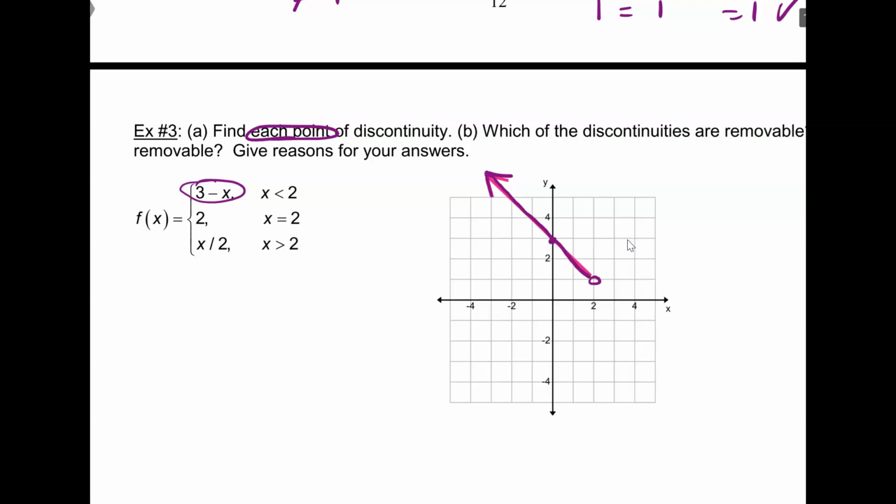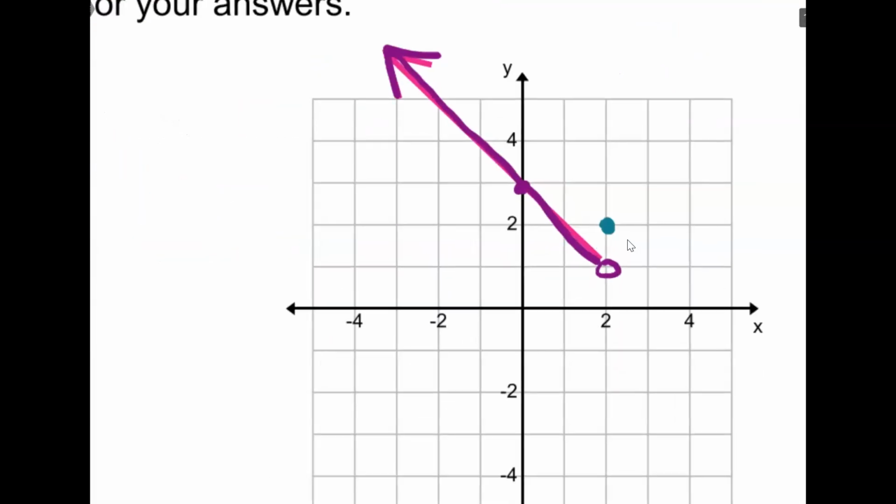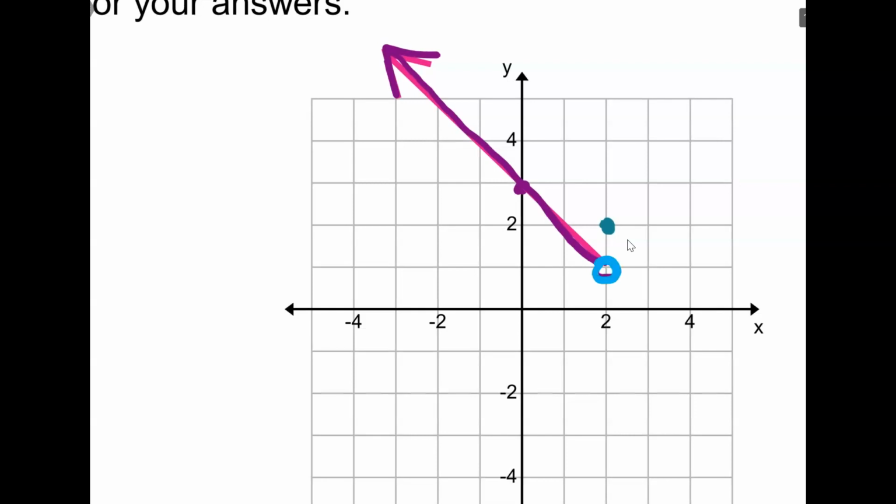Okay, so there's that part. f of x equals 2 if x equals 2. So literally I'm just drawing one little point at 2, 2. And then, if x is greater than 2, I have x over 2. For this one, I plug in 2 because that's my boundary. 2 over 2 is 1, so it's going to be an open circle here.